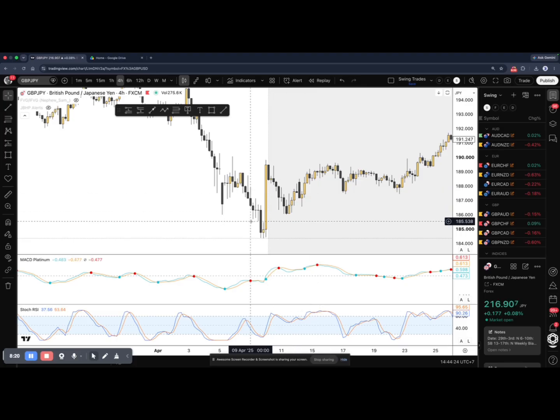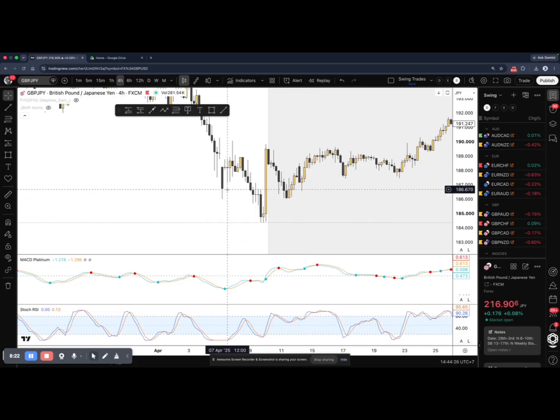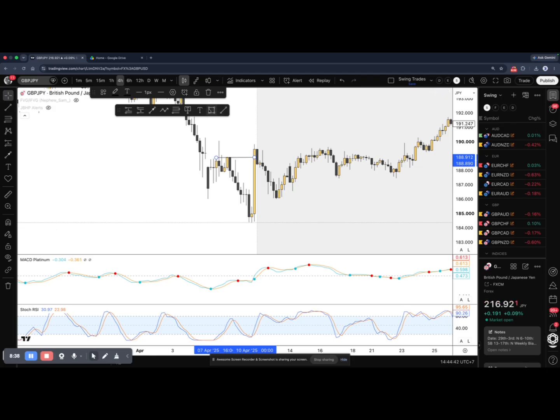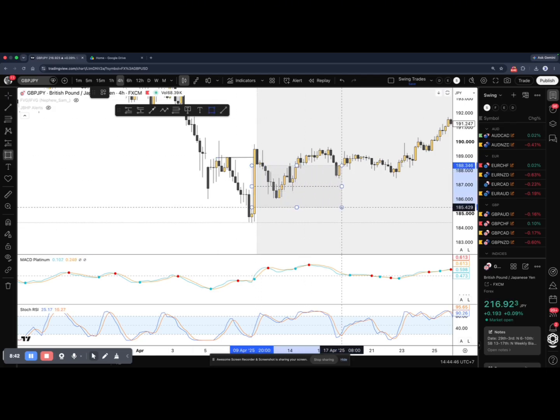So we have our swing low here, and we've got our swing high point here. Okay, so what we then need to do is mark out break of structure right there. The area of inefficiency, which is between candle 3 and 1, which is here.